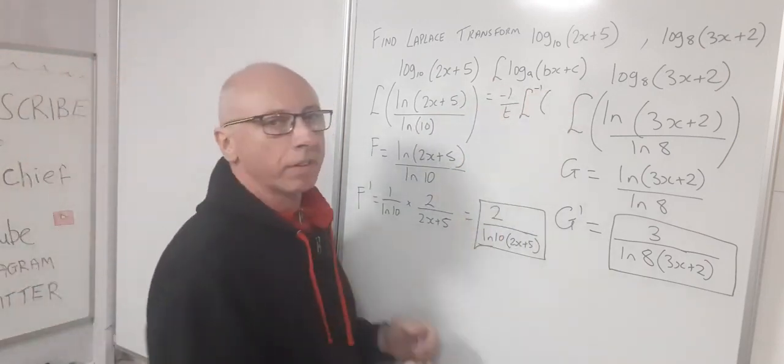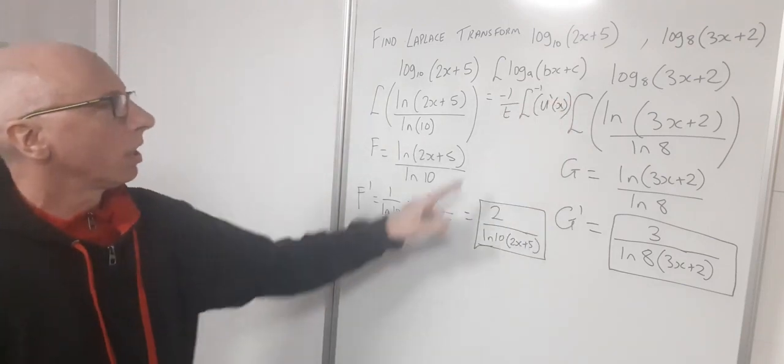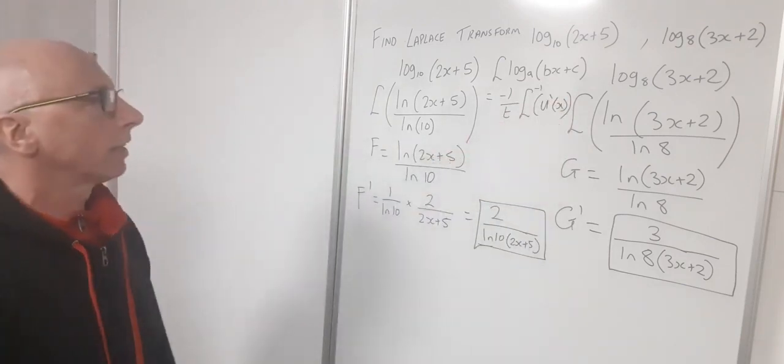We'll call that generic function u prime of x. In this term, x is our variable. So that's our generic result for that.